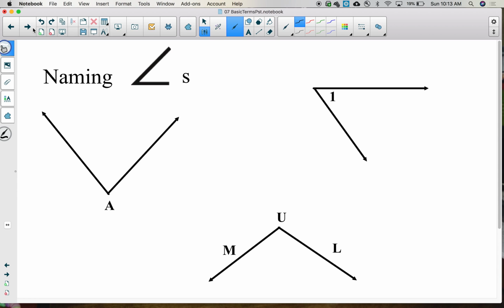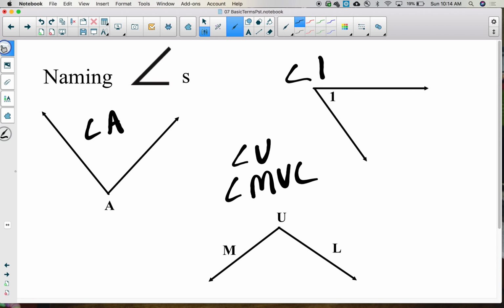Naming angles. You can either do it by using a vertex only, so like angle A. You can use, if they're given numbers, this is angle 1. And if you have three points, you can call this one angle U, angle MUL, or angle LUM.